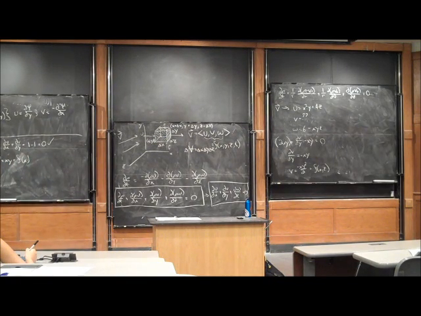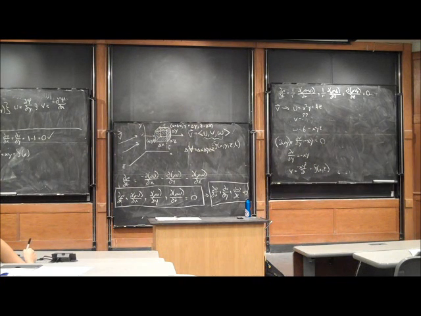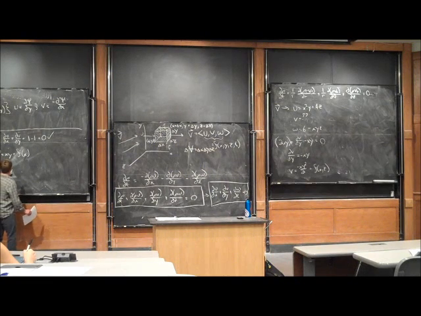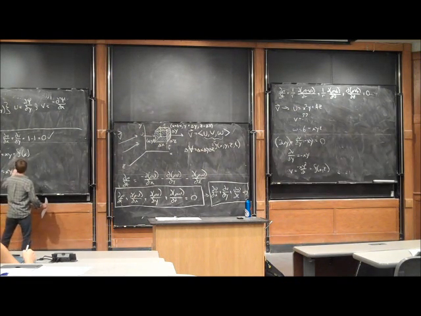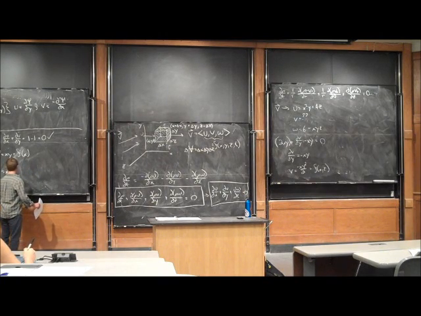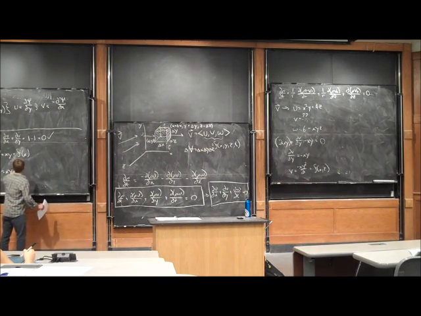I also know that v is equal to negative del psi del x, which is equal to negative y. So I get that psi is equal to xy plus some function, not the same function, but a different function of y.